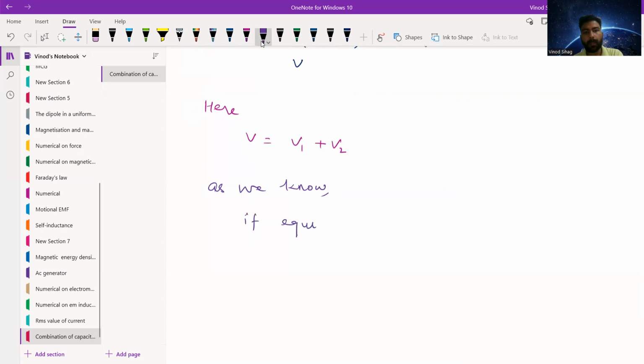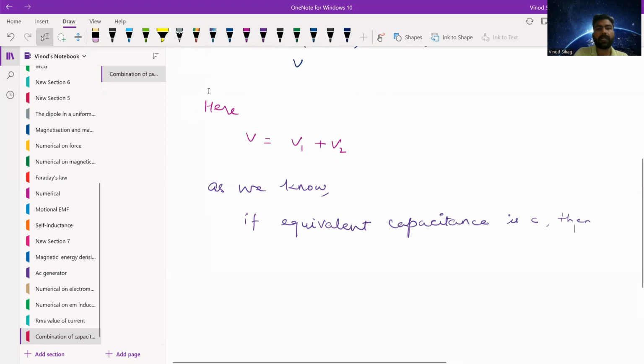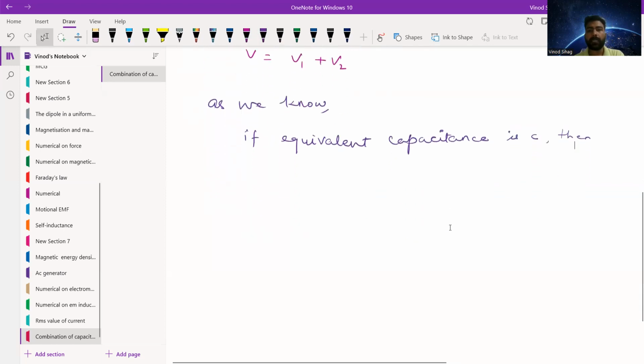If equivalent capacitance is C, then what will be the equation for voltage V? As we know that the total charge is Q, so it will be Q equals C times V. Okay, therefore, here the voltage V will be Q upon C.